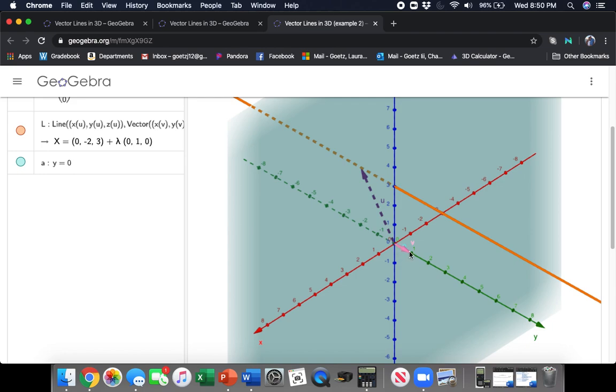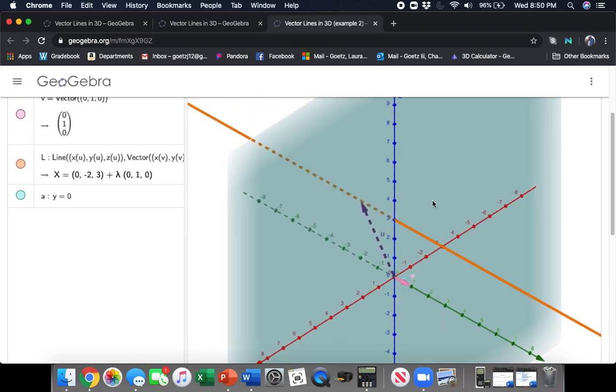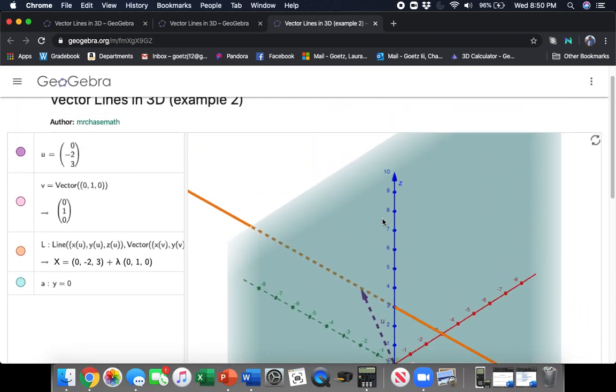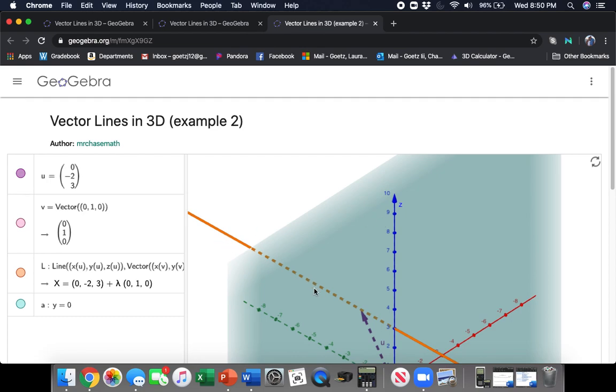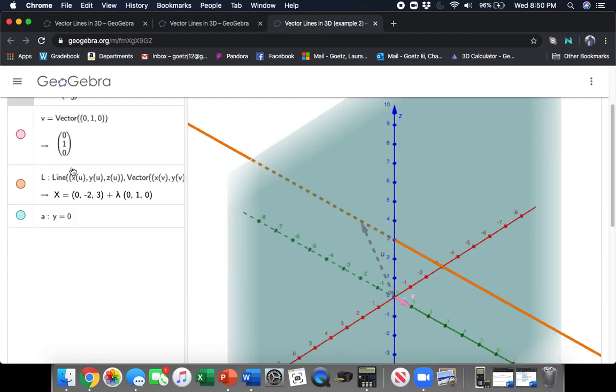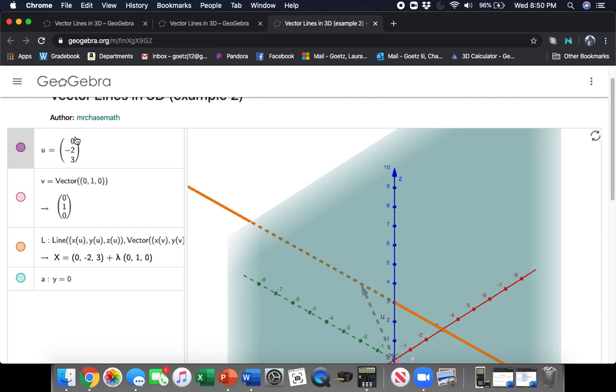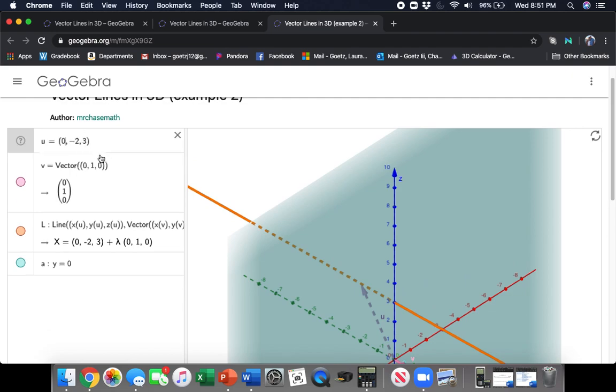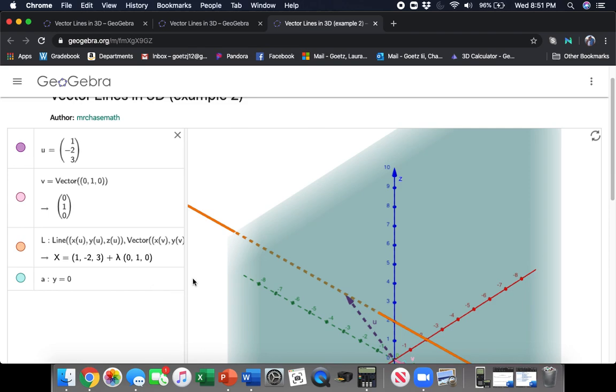Here's the unit vector. Here's going out to the line, and now this is the line that goes through, and the blue shading is the XZ plane. Kind of crazy. I guess I can change this so it matches our example. There we go.